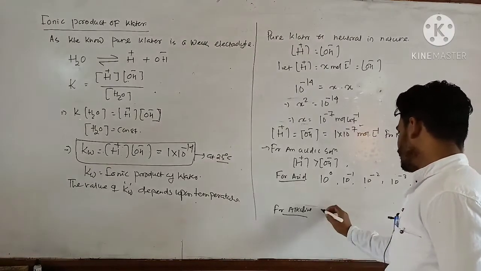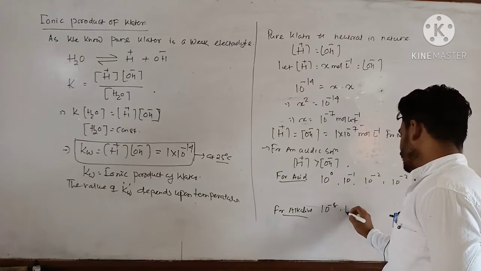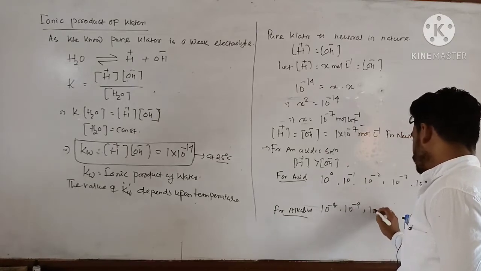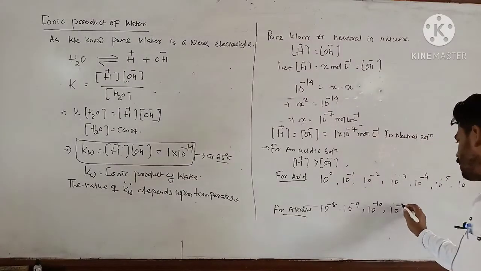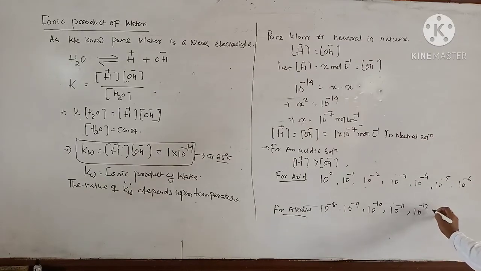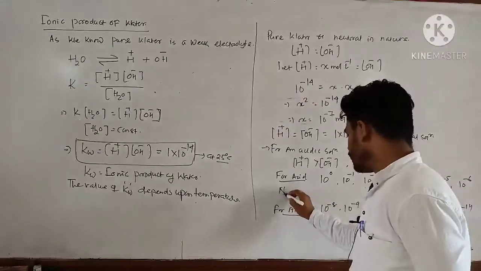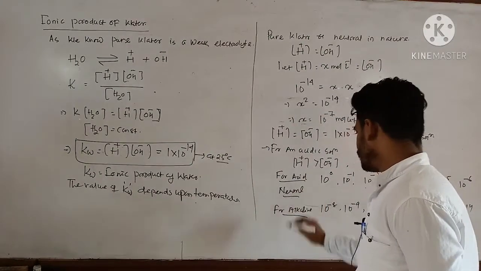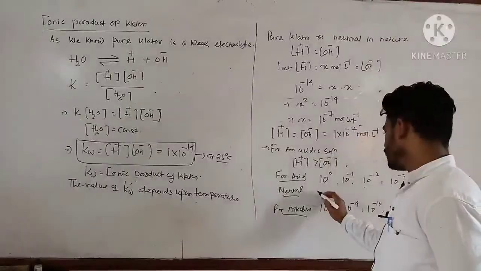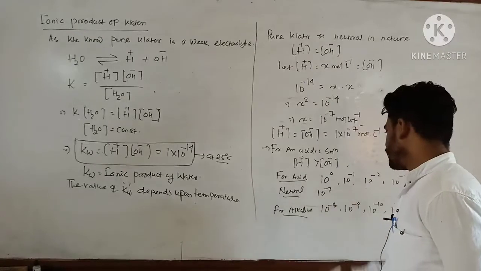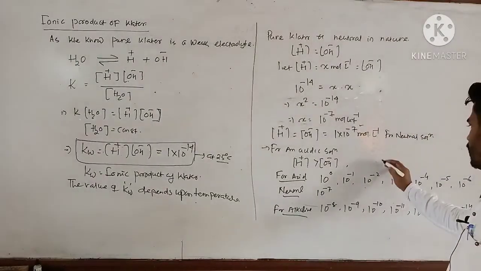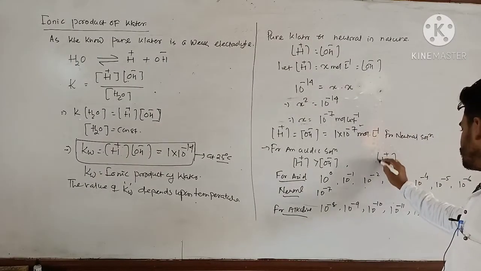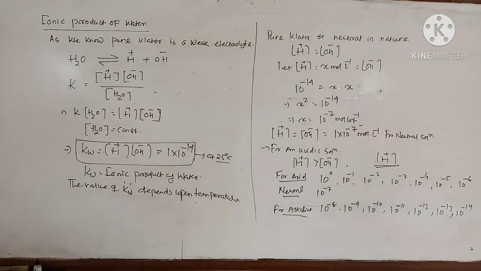So less than means that can be 10 to the power minus 8, 10 to the power minus 9, 10 to the power minus 10, 10 to the power minus 11, 10 to the power minus 12, 10 to the power minus 13, up to like this, and the final one, that is 10 to the power minus 40. And now for the neutral condition, the concentration of H plus ion is always equal to 10 to the power minus 7. Okay, so here this data is for H plus ion concentration.